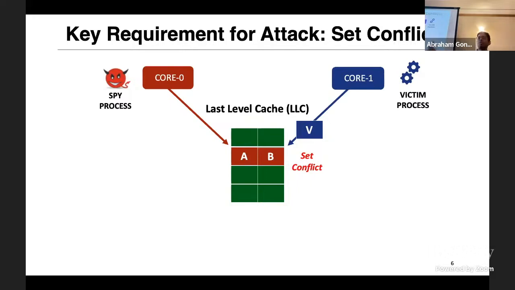The act of a victim address evicting one of the spy's addresses from the cache. And to observe a set conflict deterministically, the spy process needs a set of addresses that fully fill a cache set. This is also called an eviction set. We'll see why this is important in a couple of slides.